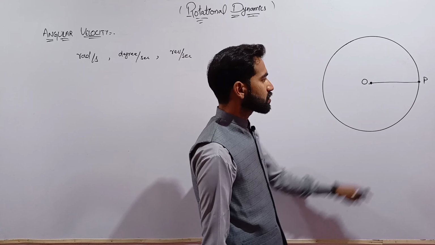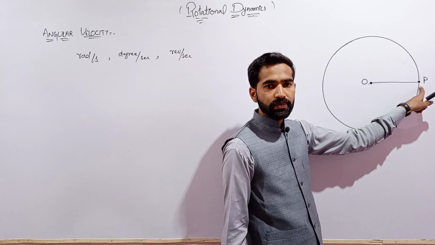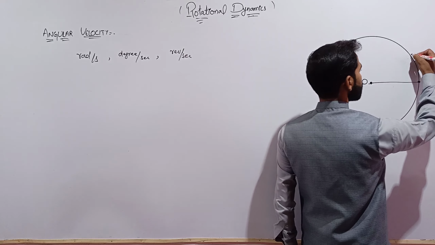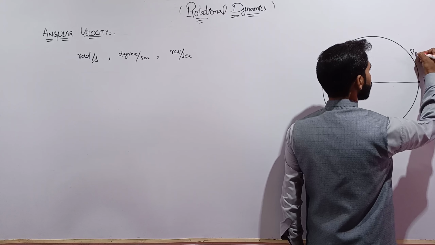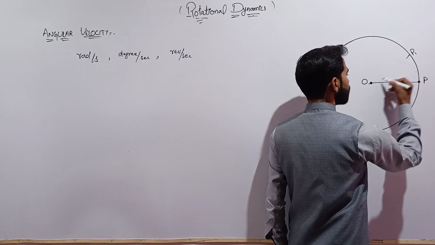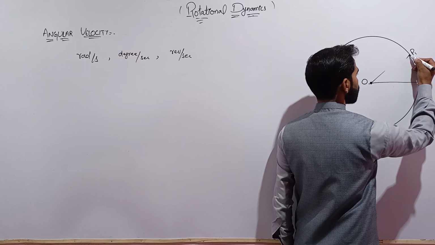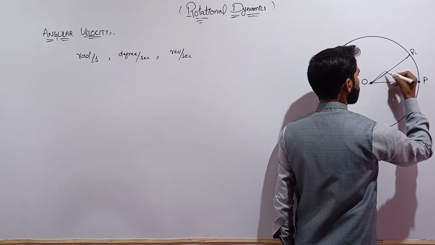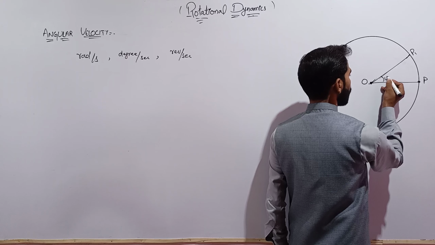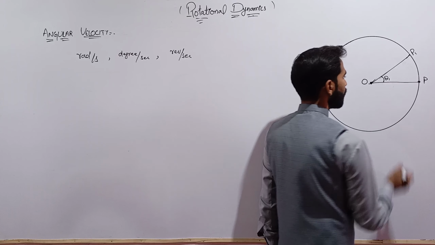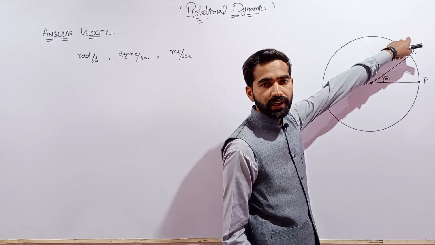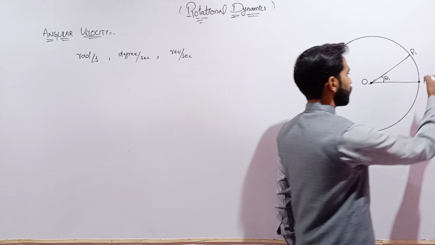Let's suppose the particle starts from point P and moves to another point P1, making angle theta 1. The subtended angle is theta 1. The particle moves from P to P1 in time t1.